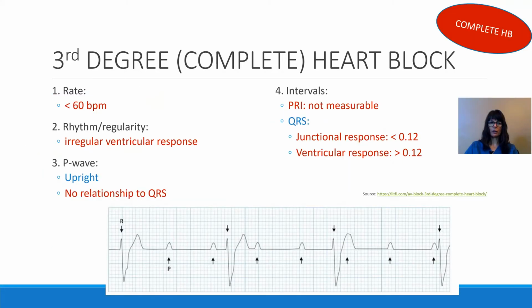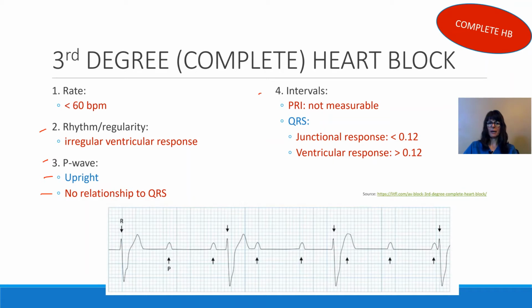In a third degree heart block, the rate is usually less than 60. The rhythm or regularity is an irregular ventricular response. P waves are usually upright, but because of this AV dissociation, there is no relationship between the P wave and the QRS complexes.